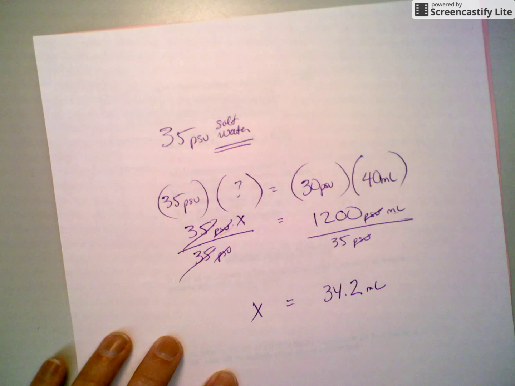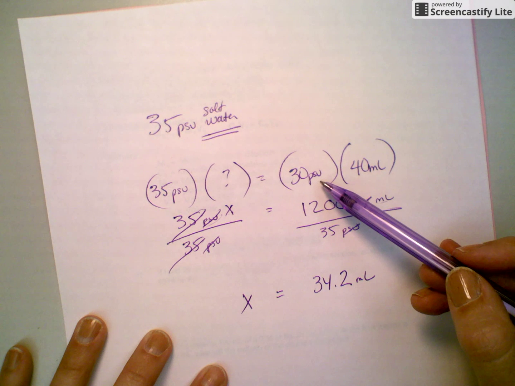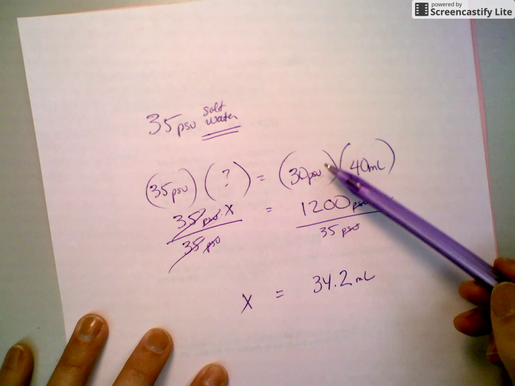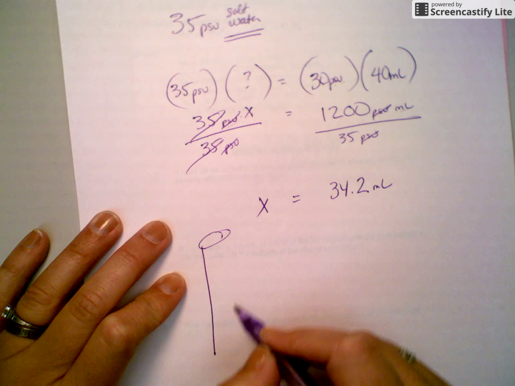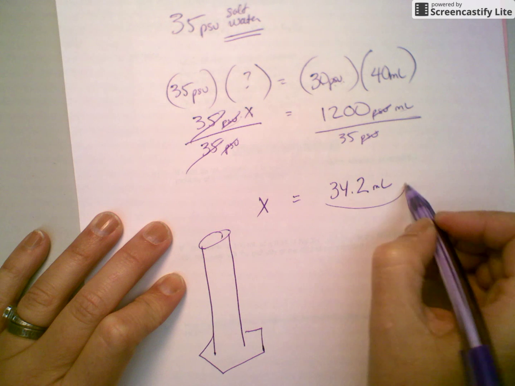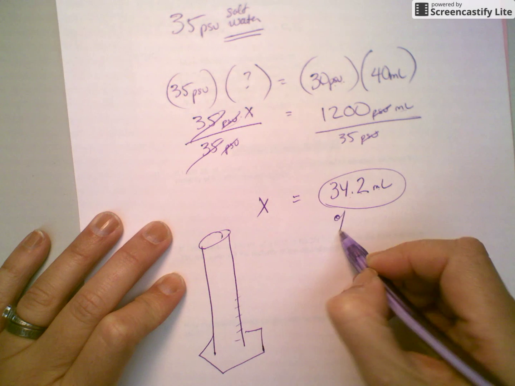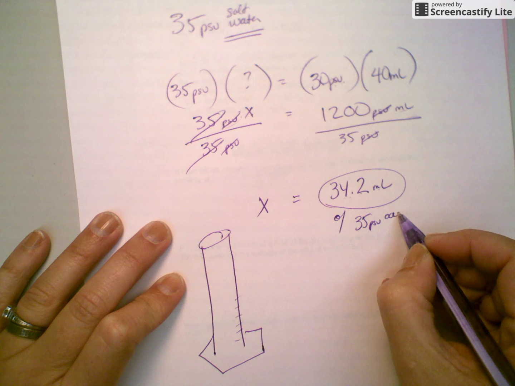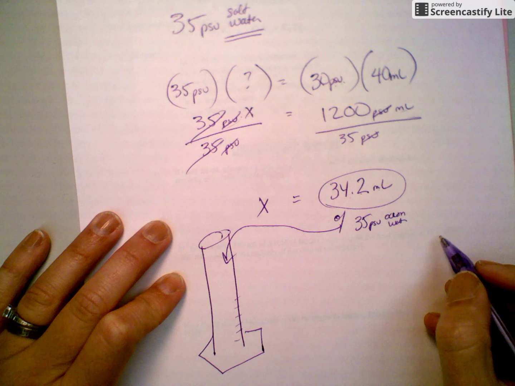So that means if I want to make a sample of water that's still pretty close to salty ocean water, but not quite, it's not 35, it should only be 30 PSU, I'm going to take that graduated cylinder and put 34.2 milliliters of the 35 PSU ocean water into the graduated cylinder.